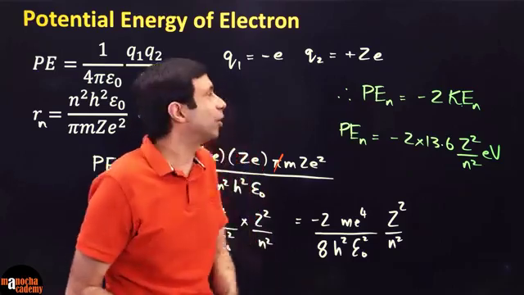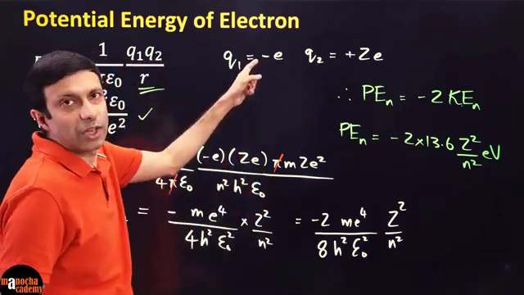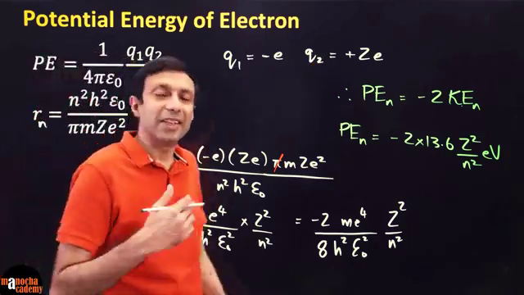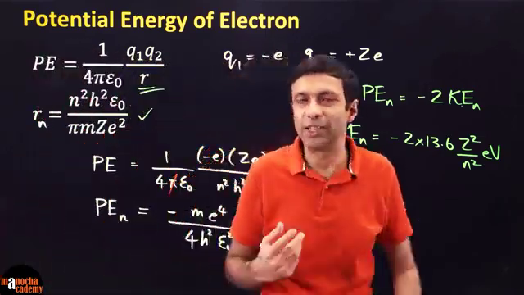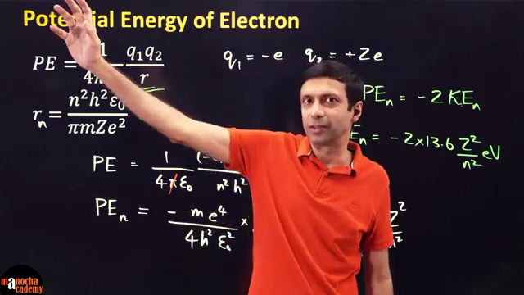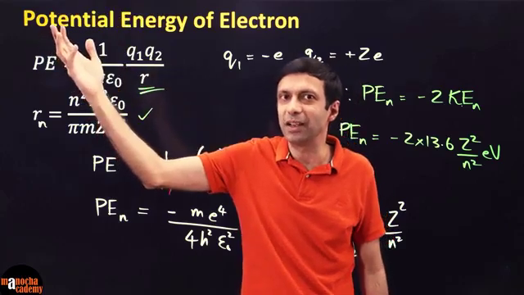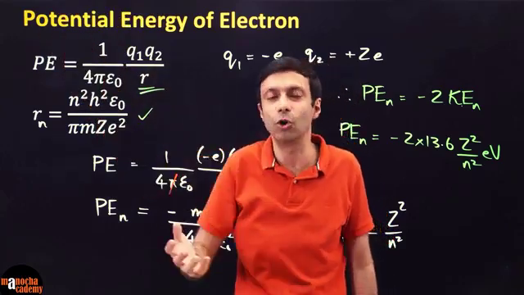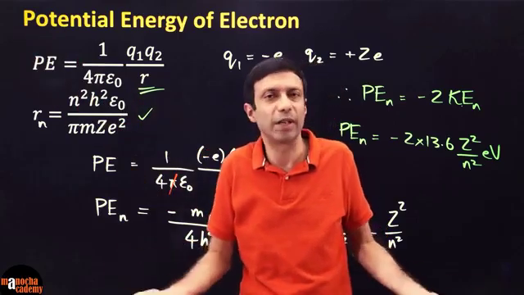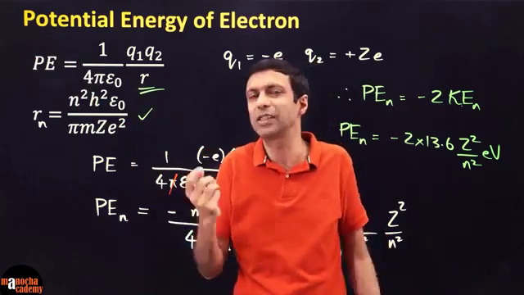See, negative we got because there is a negative charge here and a positive charge of the nucleus. But the reason for this negative potential energy is that when the electron goes very far away from the nucleus, then the energy of the electron is considered to be zero. So let's say the electron is at infinity. So we say there is no attraction, so the potential energy between the nucleus and electron is zero.